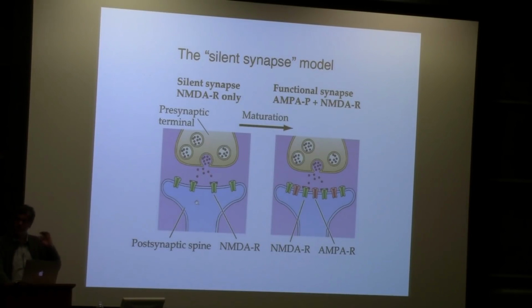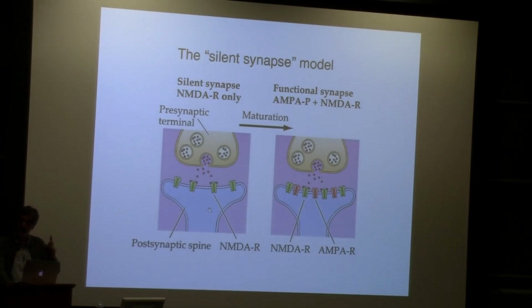If you're recording from these synapses, which people normally do in voltage clamp, at very negative potentials, you will not see the NMDA response because the NMDA receptors are blocked by magnesium. So if you stimulate here and record here, you're not going to see anything. You're going to see that there is no synapse, or a lot of failures.